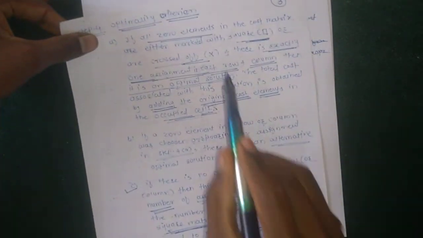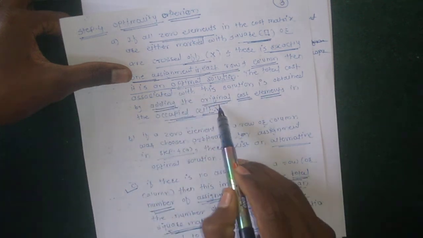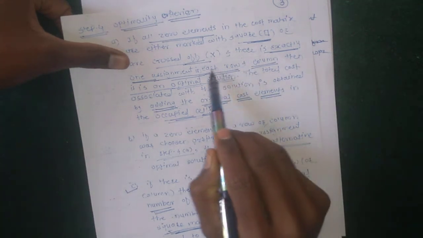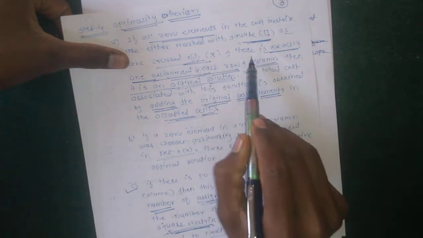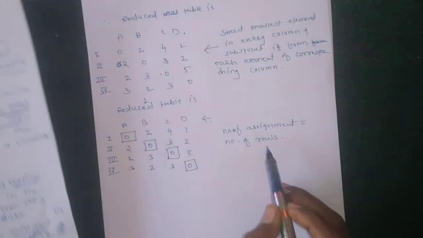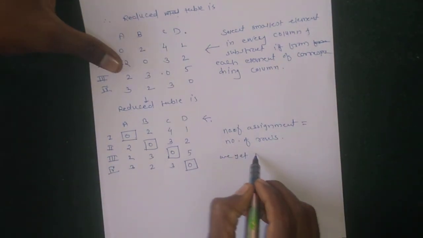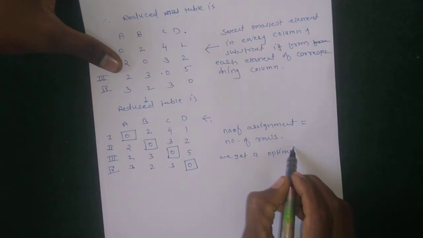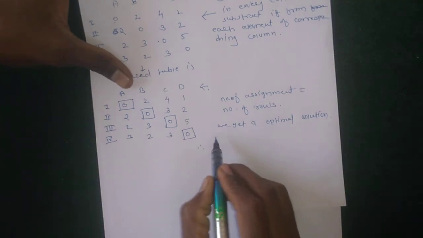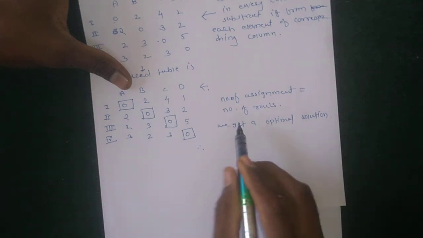But here there is exactly one assignment in each row and column, so we take the original costs for the assignments. When the number of assignments equals the number of rows or columns, we get an optimal solution.